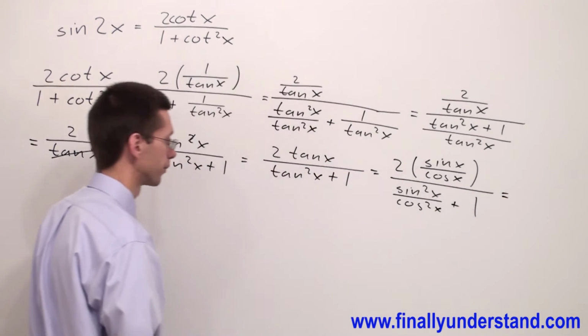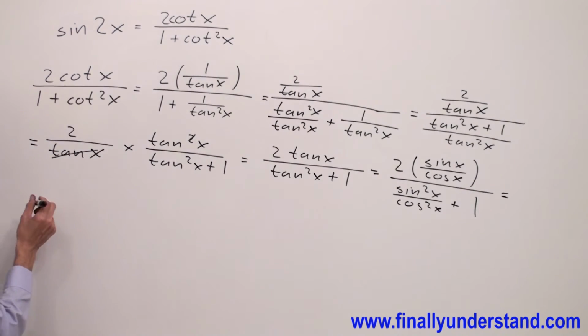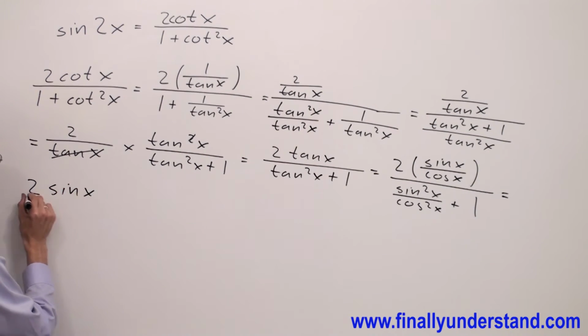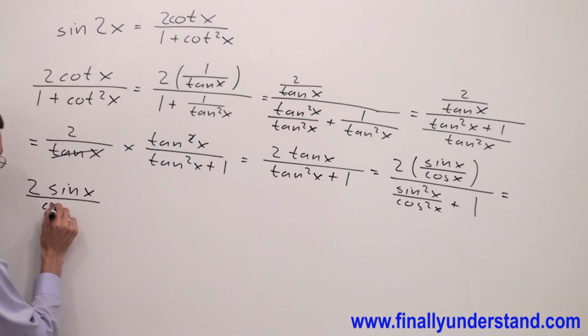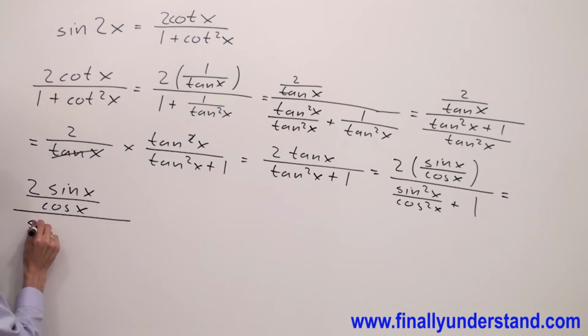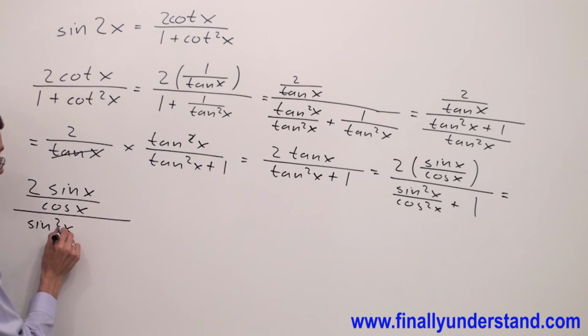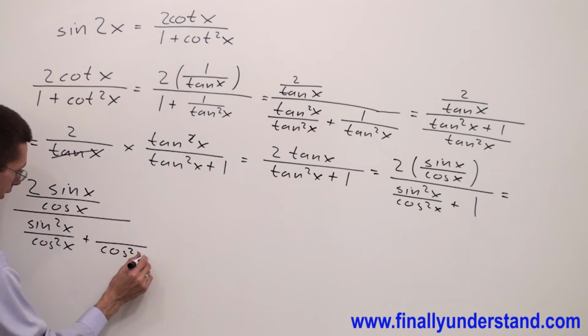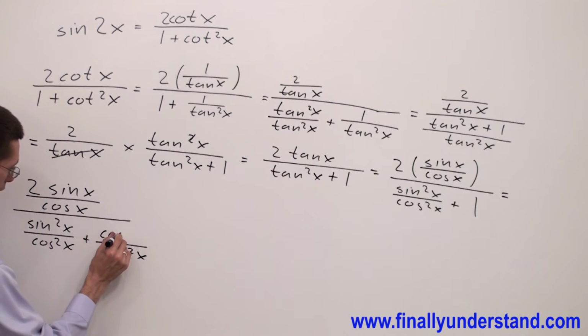This is equal to sine x over cosine of x over sine square x over cosine square x plus, in the denominator I'm going to have cosine square x, and in the numerator I'm going to have cosine square x.